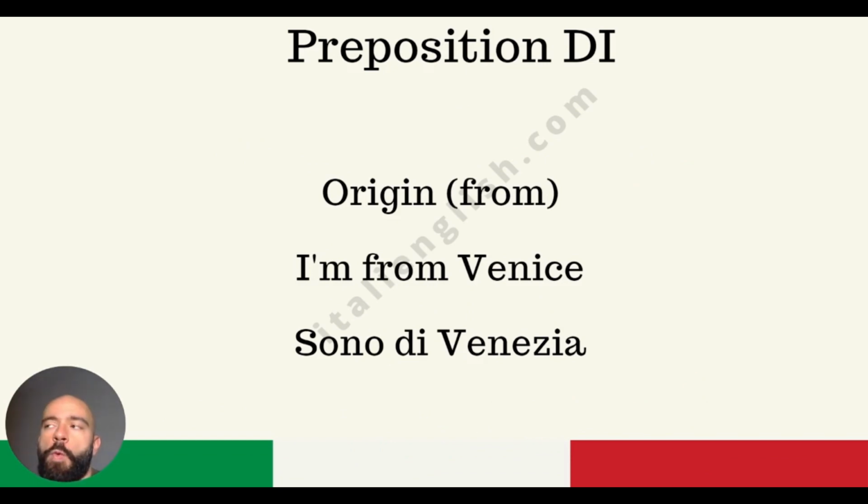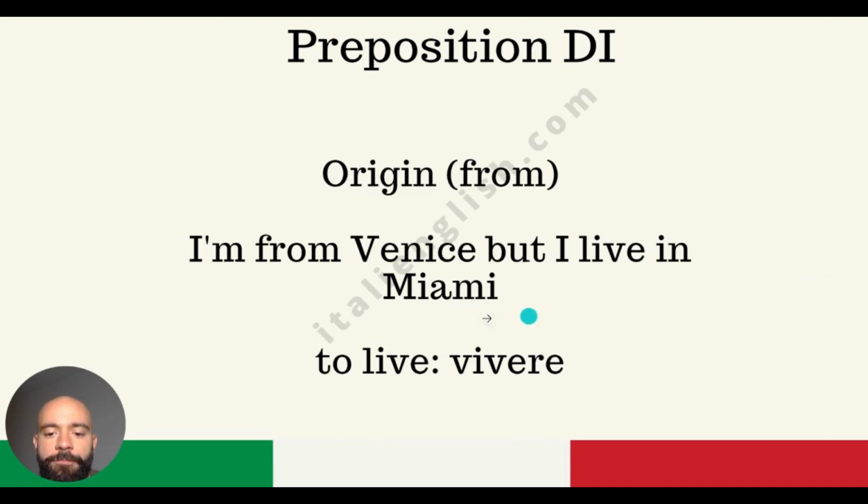Origin is one that you don't want to mess up in the future when we see prepositions that describe movement from a place. I am from Venice. Sono di Venezia. I'm from Venice, but I live in Miami. The verb to live is vivere.